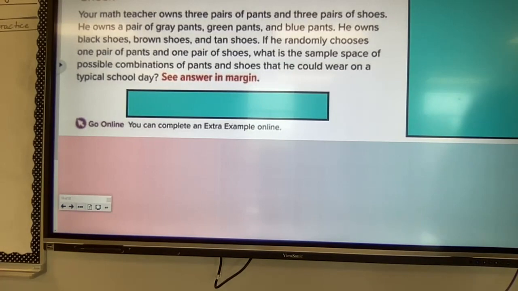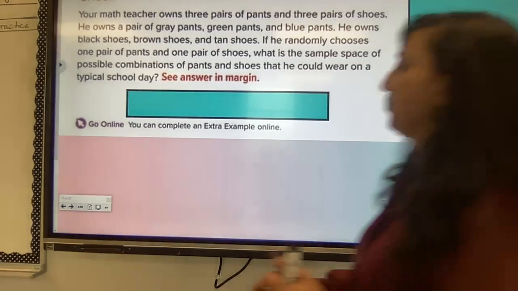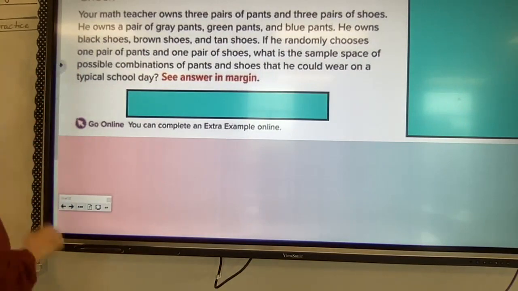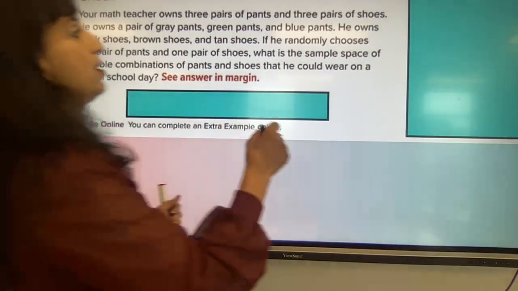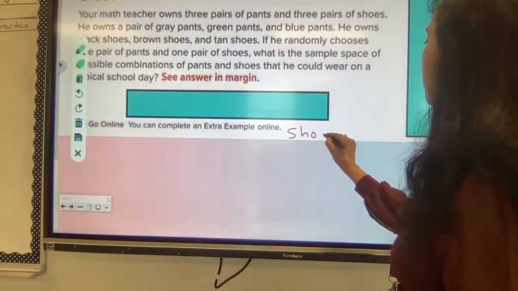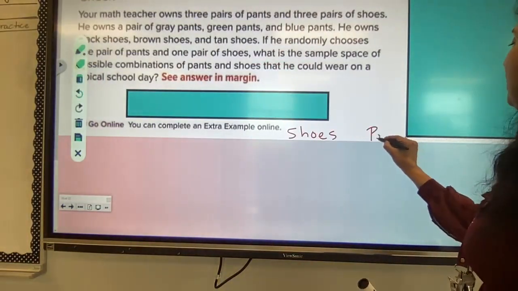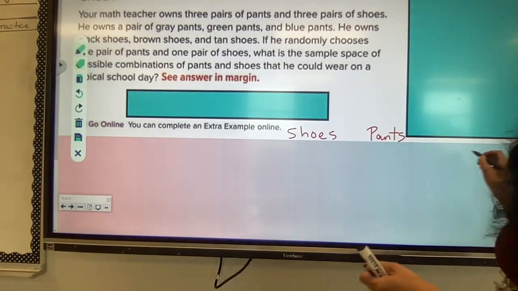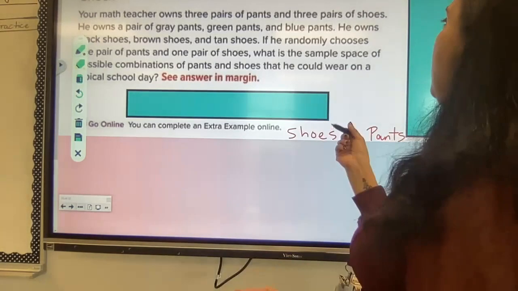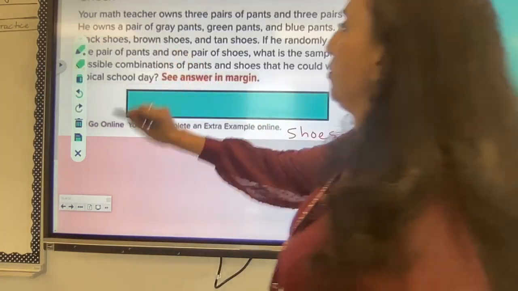Okay, so if I do over here, so I can do shoes here, I can do pants, and I can do outcomes. I'm just going to make a tree diagram really quick. So let's see, what color is this?